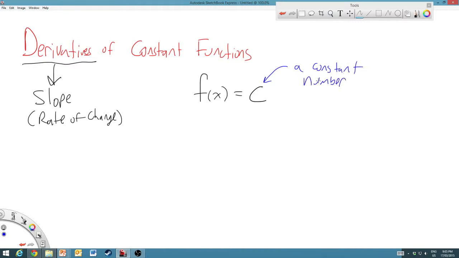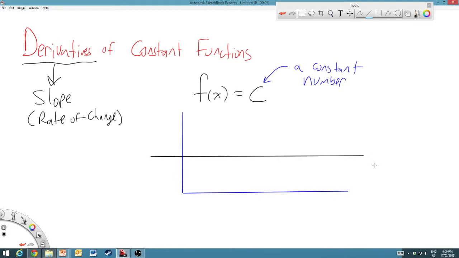And as we know from previous studies of math, a constant number has what kind of slope? Well, if I were to graph a constant number, it is just a horizontal line. Here is f of x equals some constant number c, just a horizontal line.